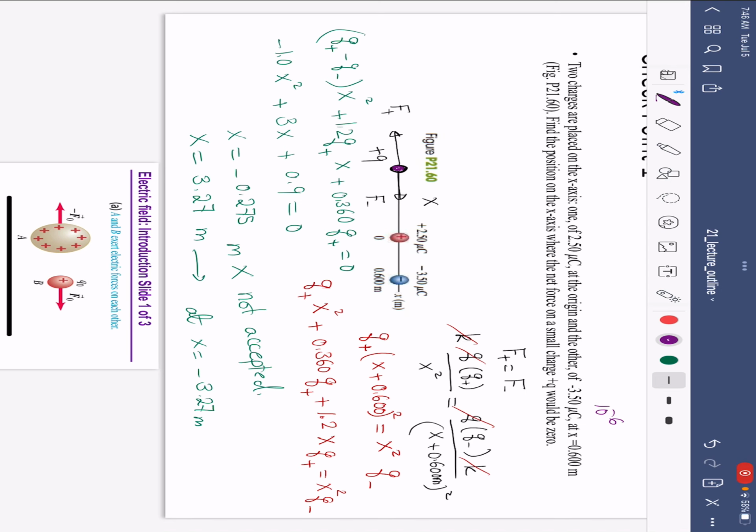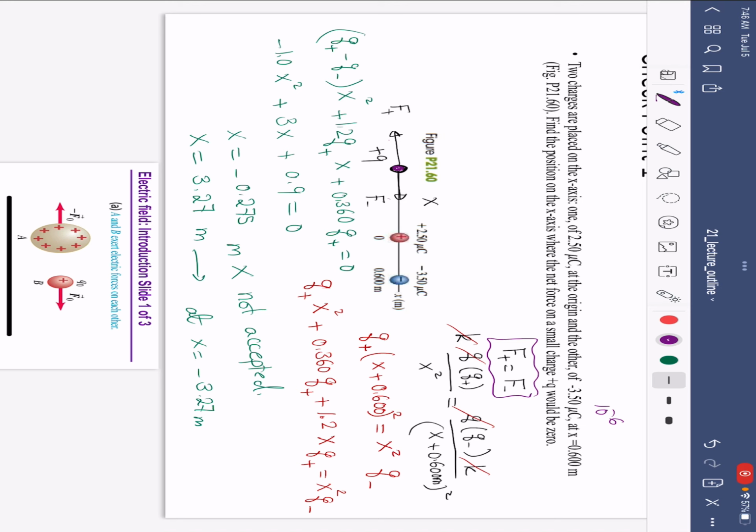I know that it will be attracted to the negative, and it will be repelled by the positive. Therefore, I said F positive equals F negative, so Q times Q positive times K divided by x squared should equal Q times Q negative times K divided by x plus 0.6 meters all squared.